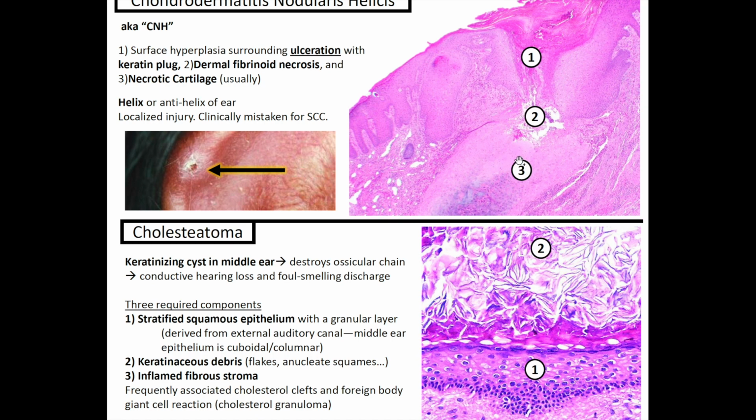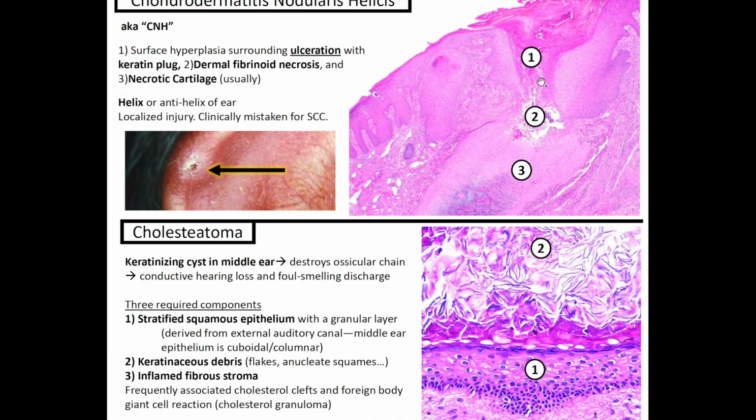And that's because it's on the ear, remember, and we have a lot of cartilage in our ear covered by skin. So this often occurs on the helix or anti-helix of the ear. It's a localized injury and clinically can be mistaken for squamous cell carcinoma.